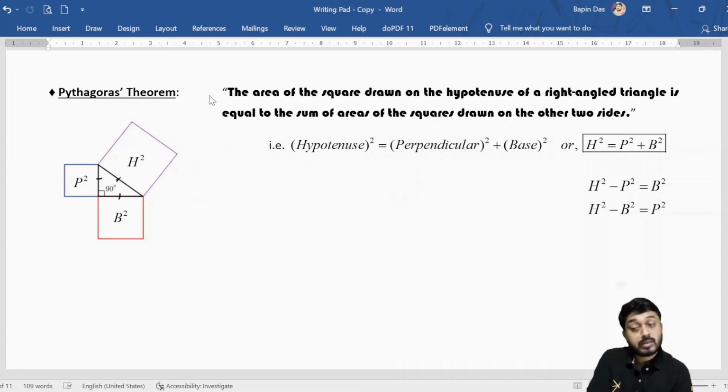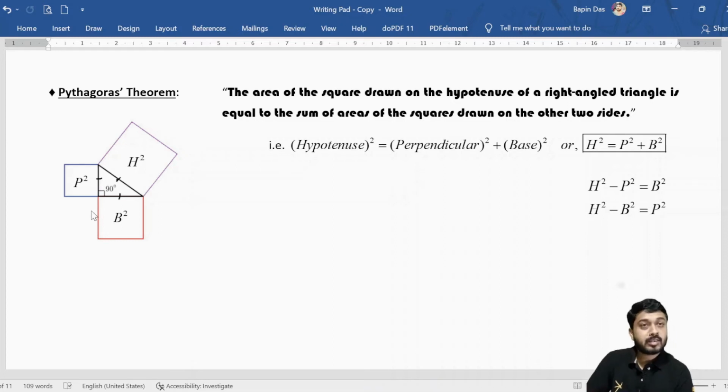So now have a look once again at the statement of this Pythagoras theorem. The area of the square drawn on the hypotenuse of a right angled triangle, that is the area of this bigger square, is equal to the sum of areas of the squares drawn on the other two sides. We can easily understand that the area of this bigger square is equal to the area of these two smaller squares, isn't it?